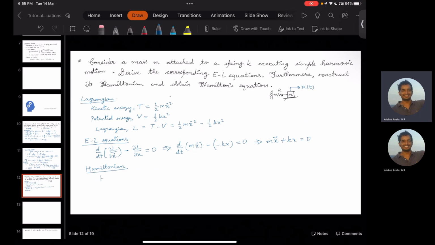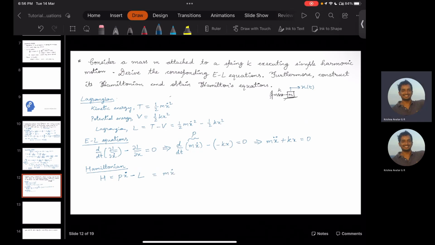So the Hamiltonian is defined as H is equal to P into x dot minus L itself, right? So P is given as del L by del x dot, right? So this is the expression for P. So it is m x dot.